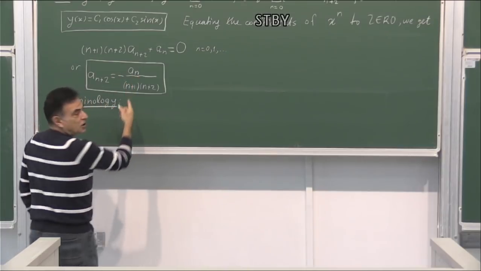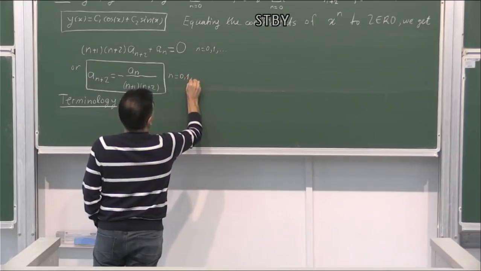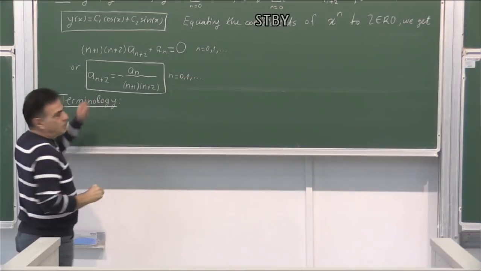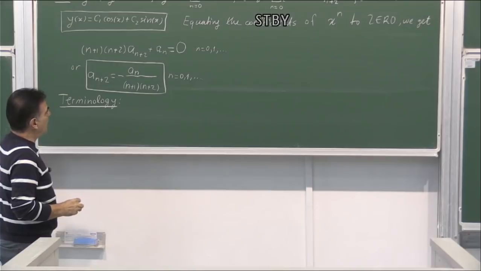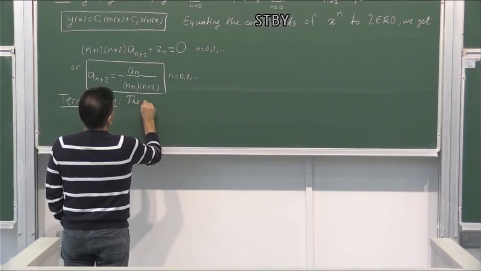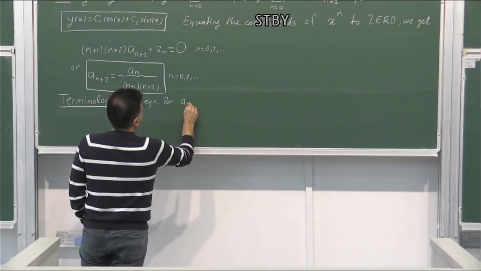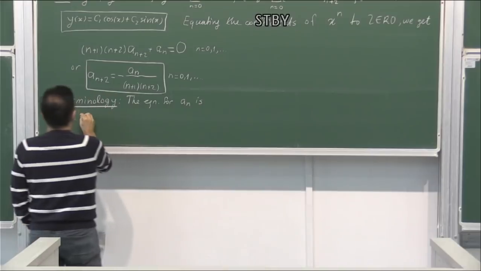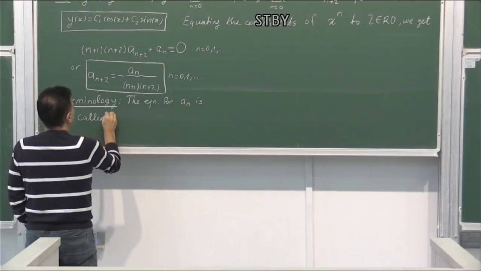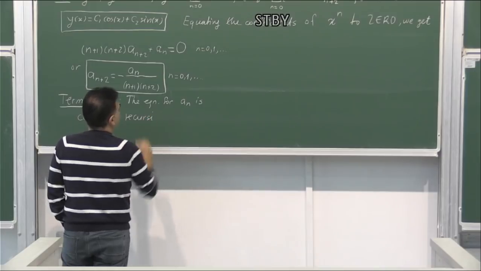In fact, there are infinitely many equations, and the equation for a_n is called a recursion relation or a recurrence equation.